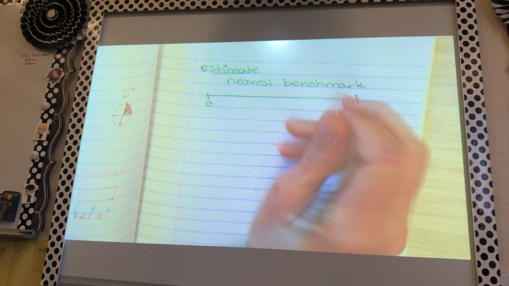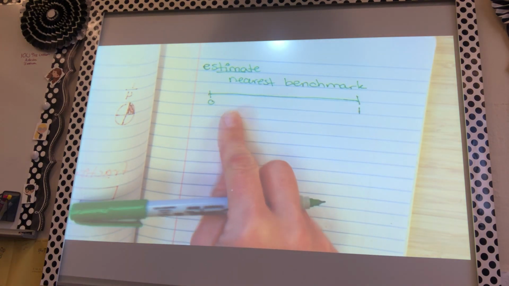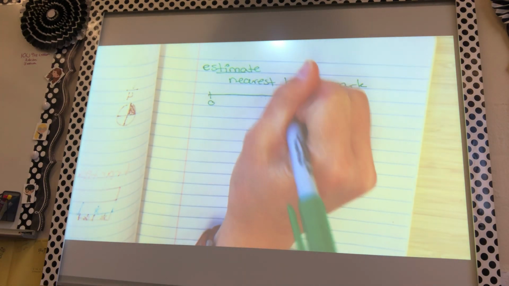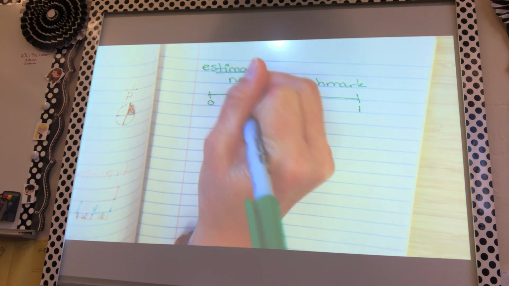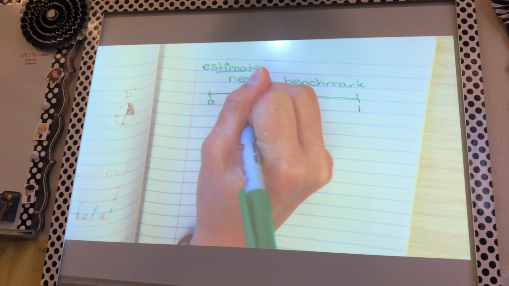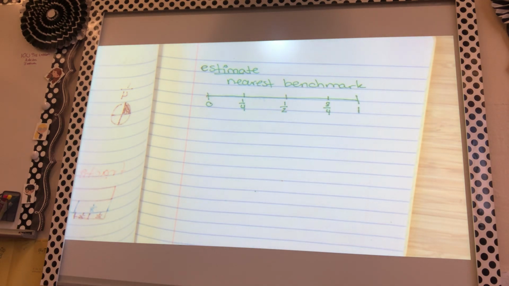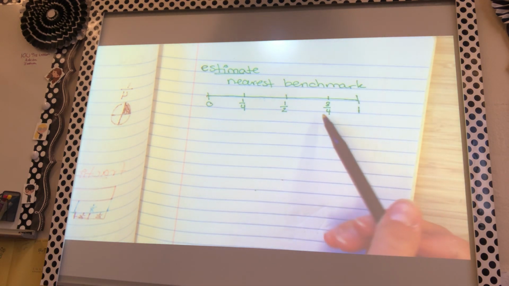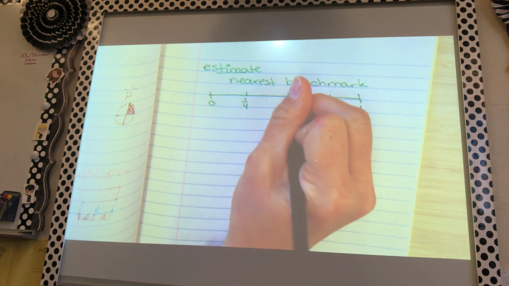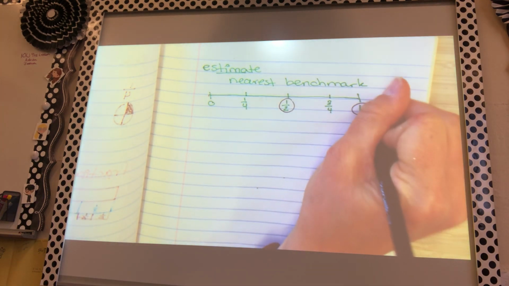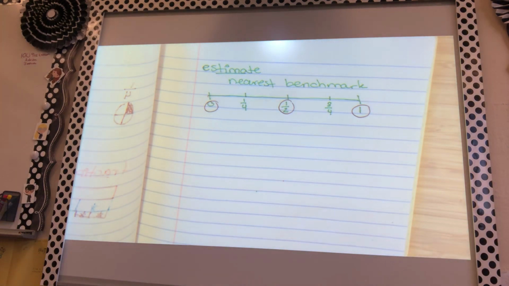And in the middle, because I'm working with numbers that are less than 1, I know half is in the middle, and here I have a 1/4, here I have 3/4. So when I'm looking at estimating, I'm rounding to the nearest benchmark. So I know my benchmarks are a half, a whole, and 0 right now.